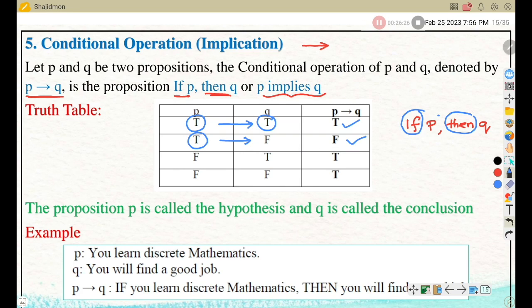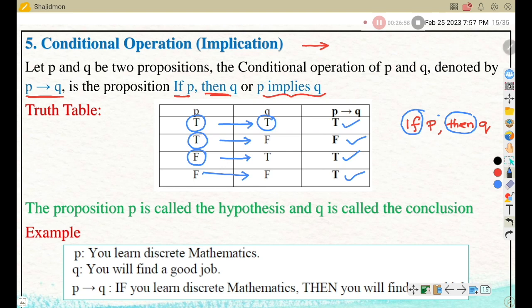False implies true: false sometimes true, so it is true. And false implies false is also true. So in the implication case, only true implies false is false, and all other cases get the true value. Keep this idea in mind.